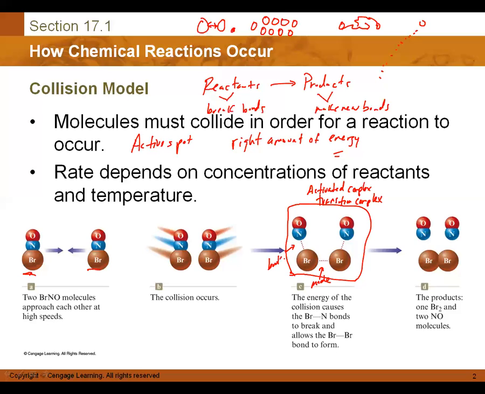So you get this intermediate that happens in this process when a reaction takes place: we need to start breaking all the bonds on the reactant side, but at the same time, we need to start making some of those new bonds.